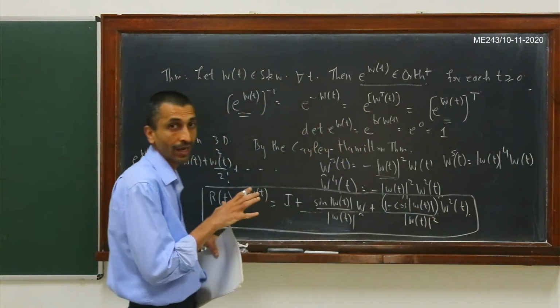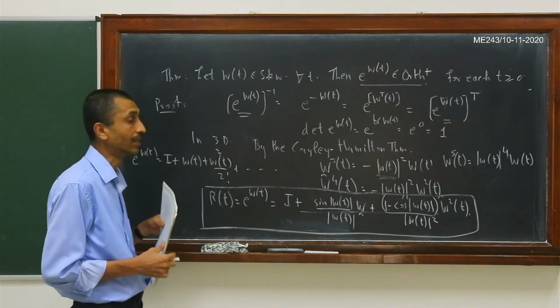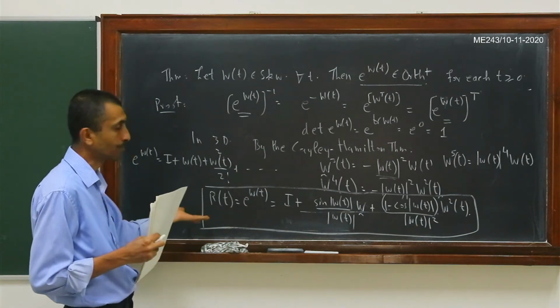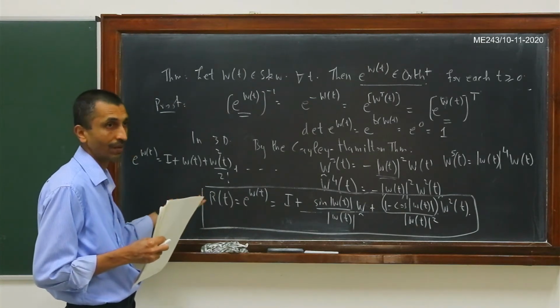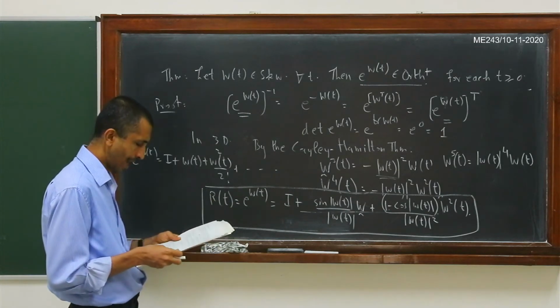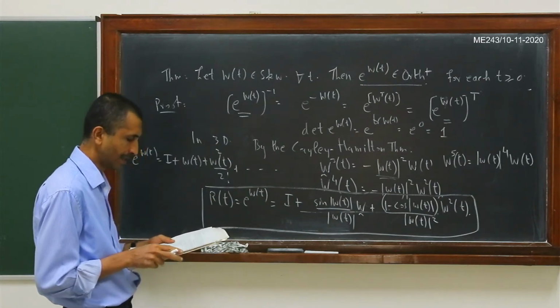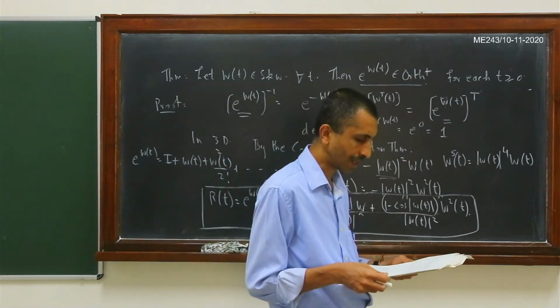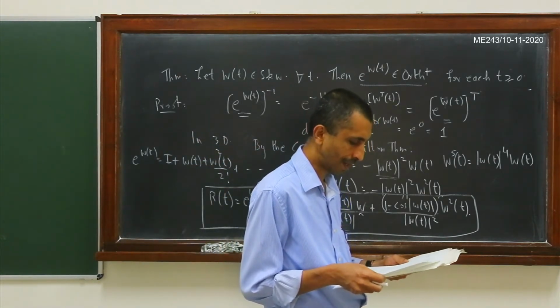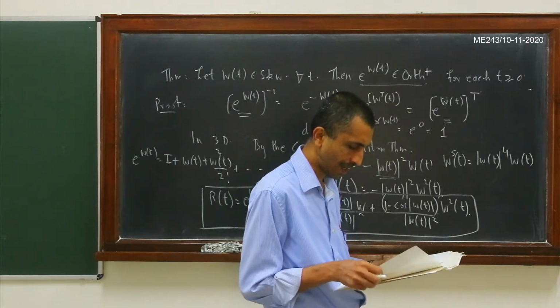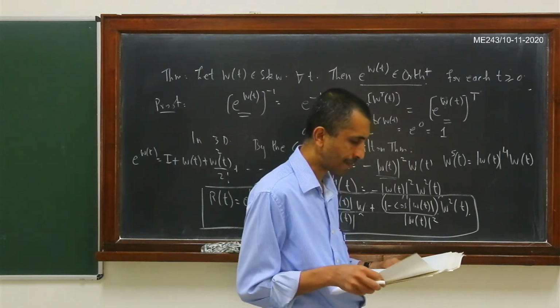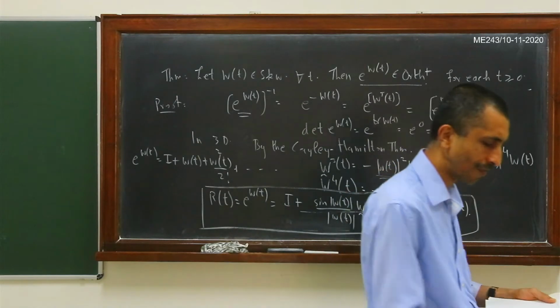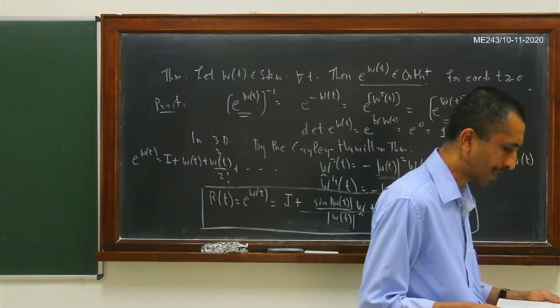So now it is clear from where I got that particular representation, because basically it is just the exponential of a skew symmetric tensor. So that is the way I had obtained that particular representation. Okay, so this exponential of a tensor will play a key role at a later stage. So that is the reason that I covered this. But for now, we will just move on to the next topic.